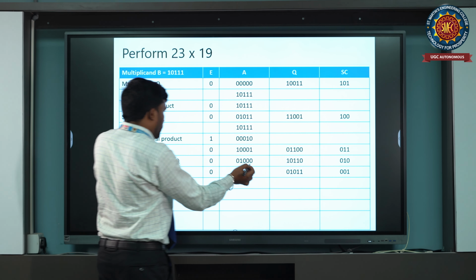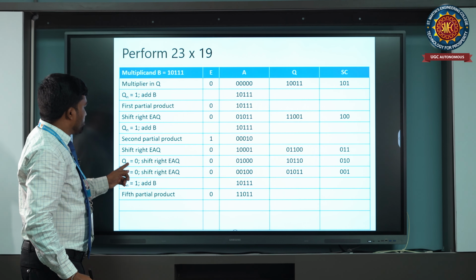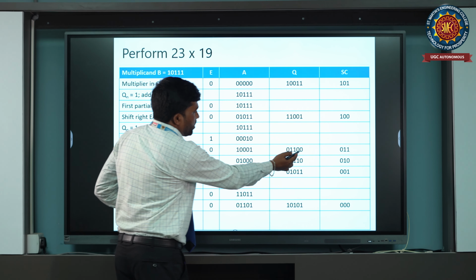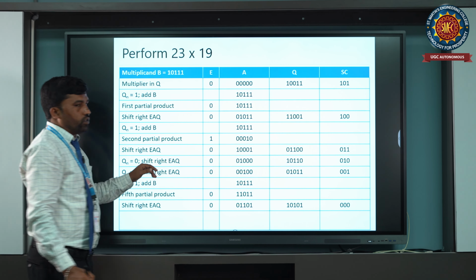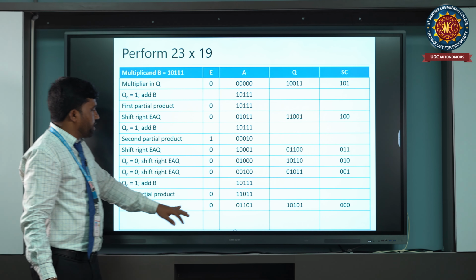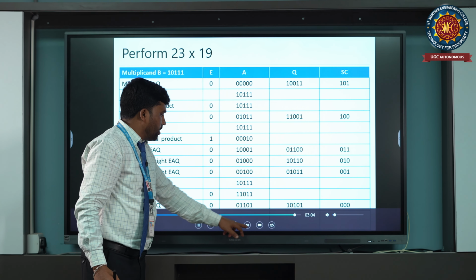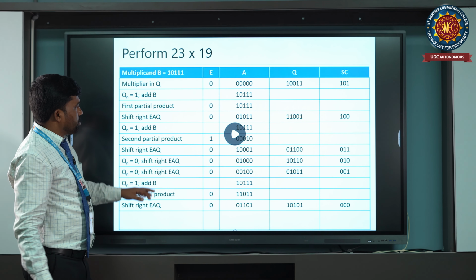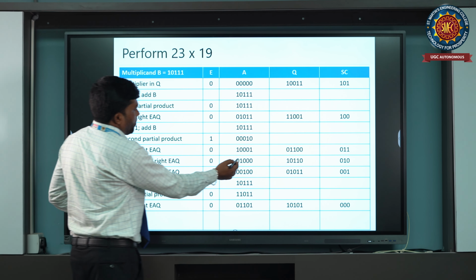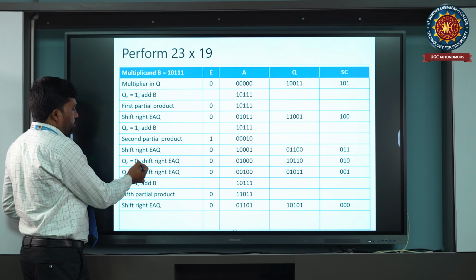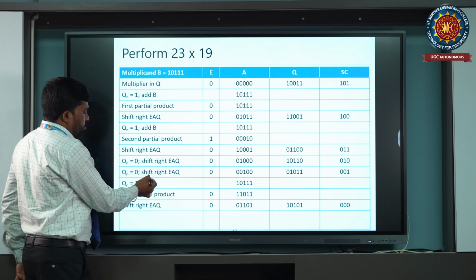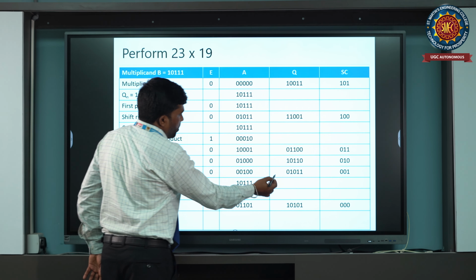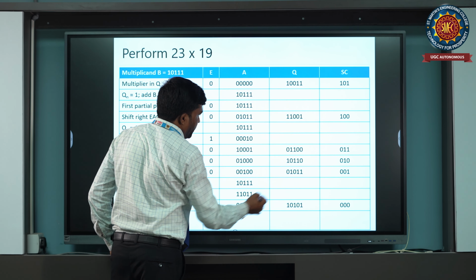Next comes sequence counter 2. Here Qn is equal to 0, so we directly do the shift right EAQ. Since Qn is equal to 0, we only move 1 bit to the right.